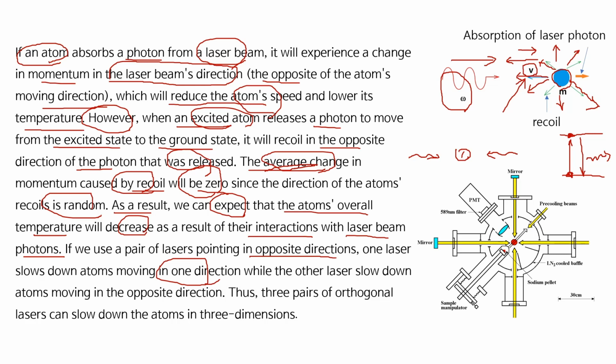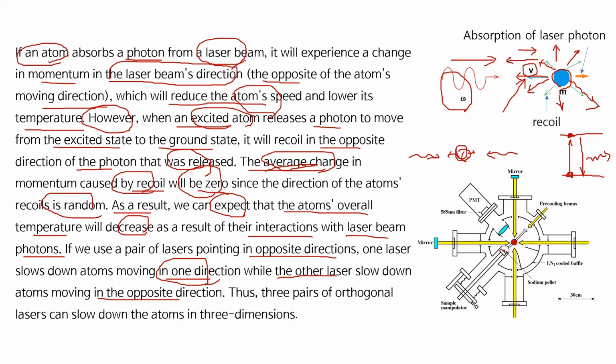This laser reduces the speed of atoms in this direction, and this one the other direction. So one laser slows down atoms moving in one direction, while the other laser slows down atoms moving in the opposite direction.